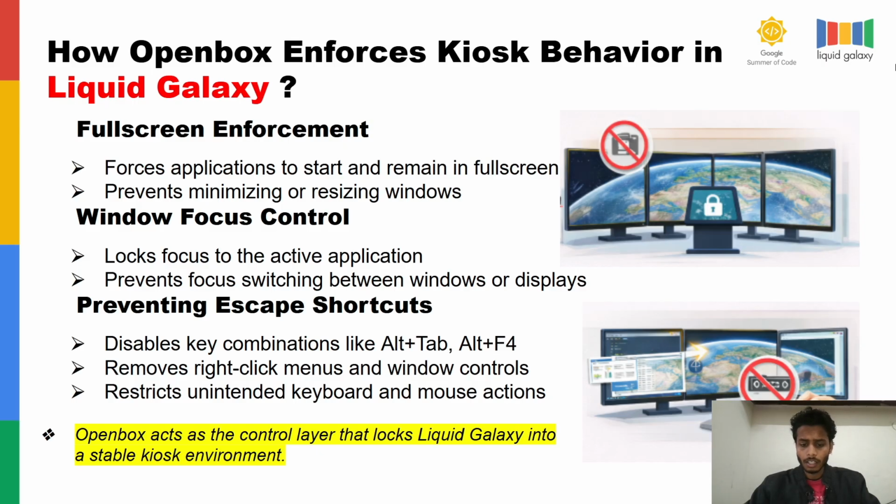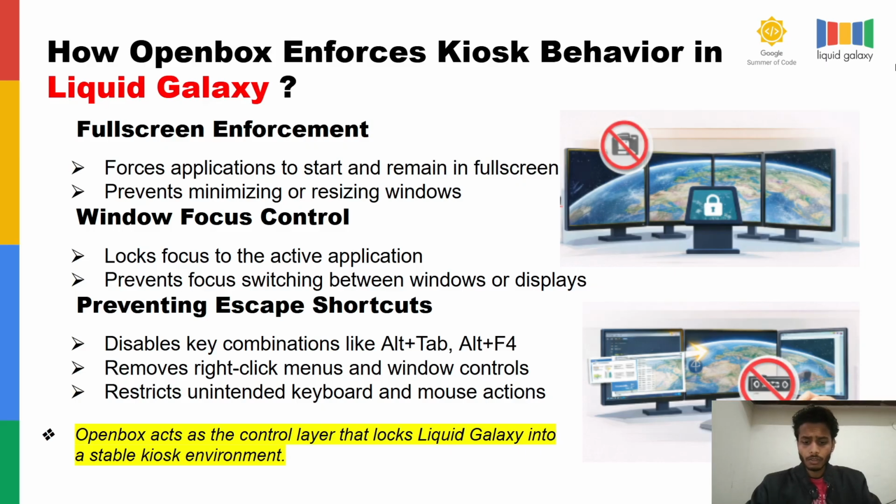If focus jumps to another window or another display, the keyboard and mouse input may go to the wrong place. Imagine someone interacting with one screen, but the input suddenly affects another screen. That completely breaks the experience. OpenBox allows us to lock focus to the intended application and prevent focus switching. This ensures that all user interactions stay exactly where we want them.